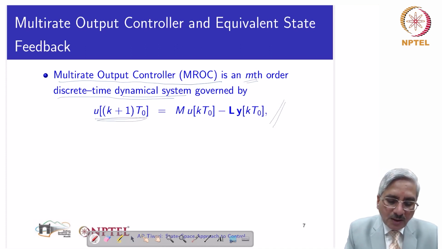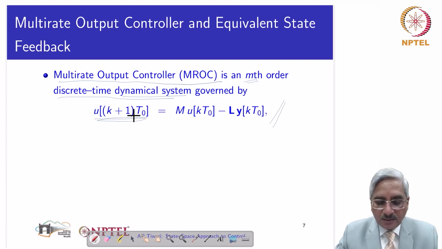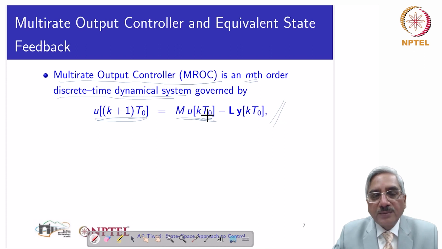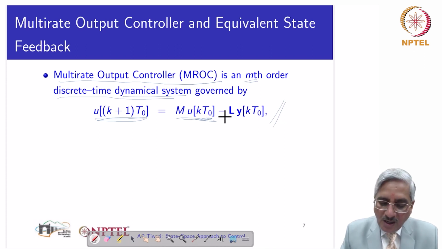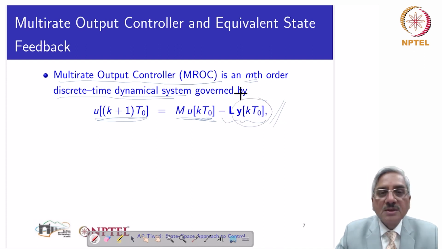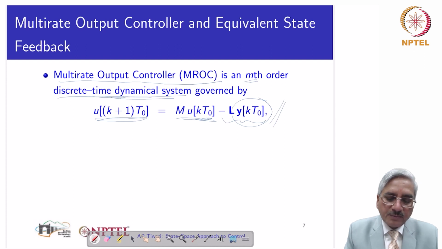The input at the k plus 1th sampling instant is expressed in terms of the input at the kth sampling instant and the feedback of the stack of outputs, which we introduced in the last lecture, or recalled a little while back. So the multi-rate output controller has this structure. It is of order m and it is a discrete time dynamical system.